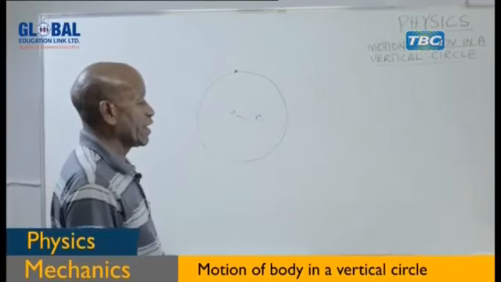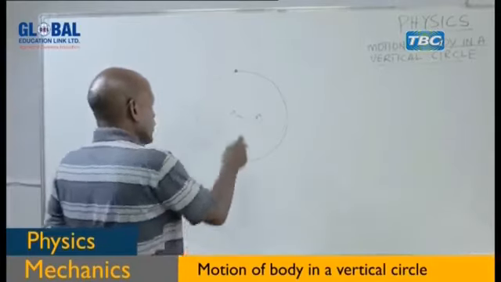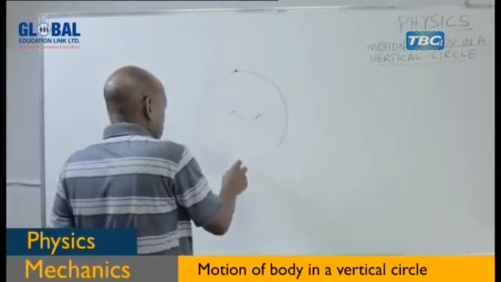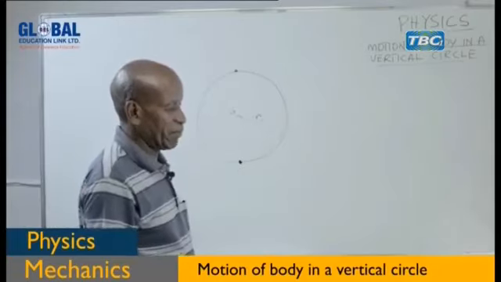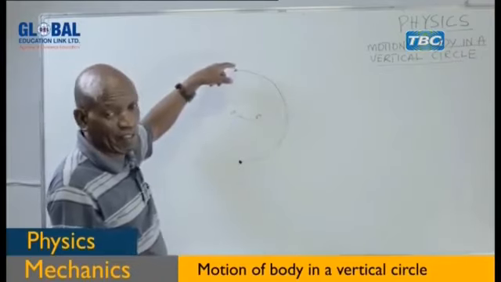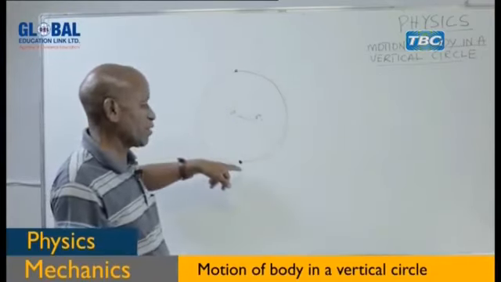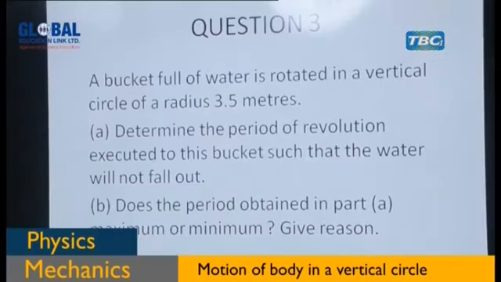And you also need to determine the situation whenever the bucket is passing at the bottom. So we have the minimum velocity whenever it's passing at the top, as well as the minimum velocity whenever it's passing at the bottom.